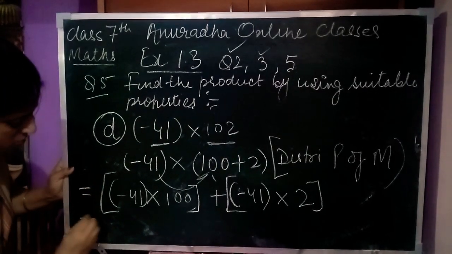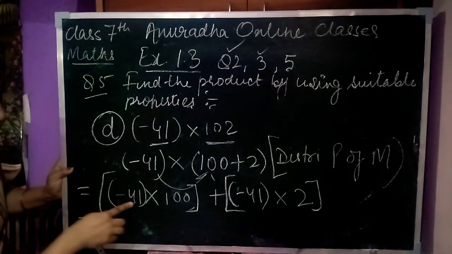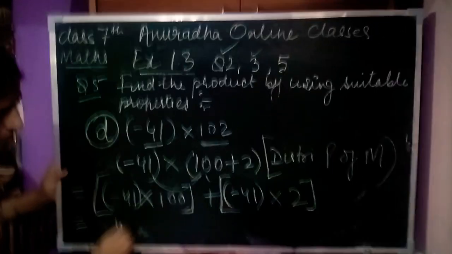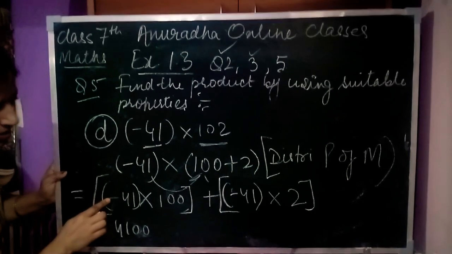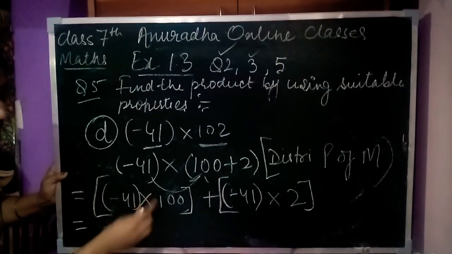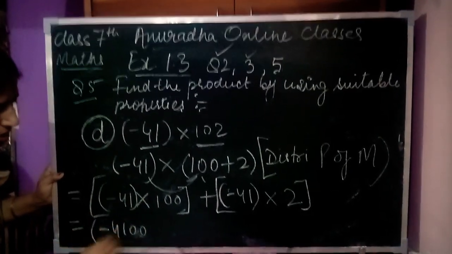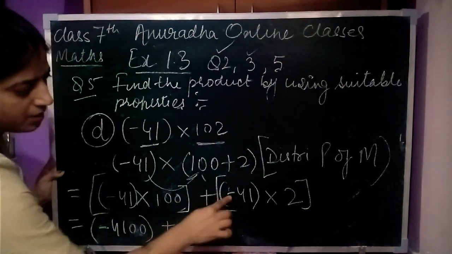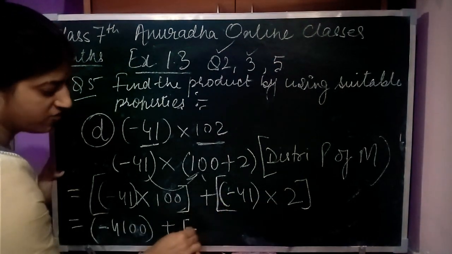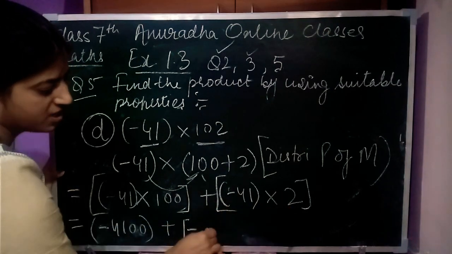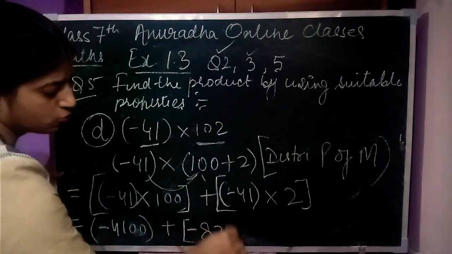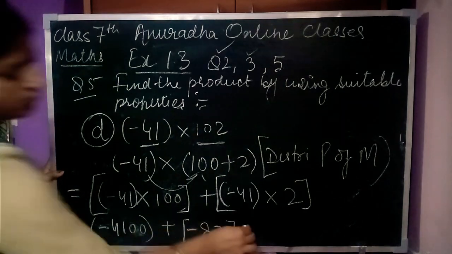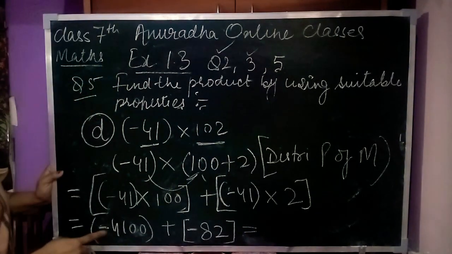Now equal to sign. 41 into 100 is 4100, minus into plus is minus. Then plus, then minus into plus, sign will be minus. 41 into 2 is 82.